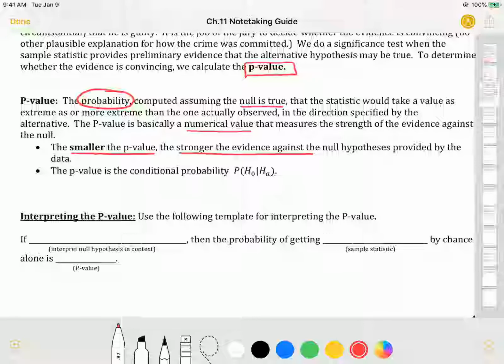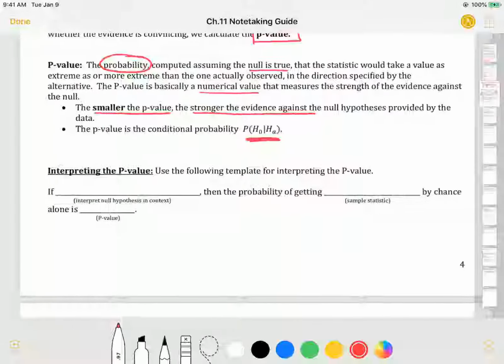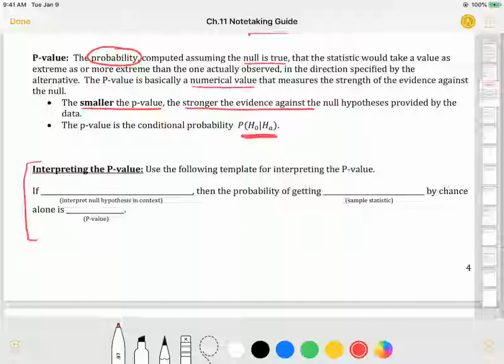You don't necessarily need to know this notation, but it's interesting to think about this in a conditional probability sense. Now, I'm going to put a little star by this because this is how we are going to interpret our p-value, and we're going to come back to this little template in just a second. If we were asked to interpret the p-value, we would say something like, if, and then interpret the null in context.